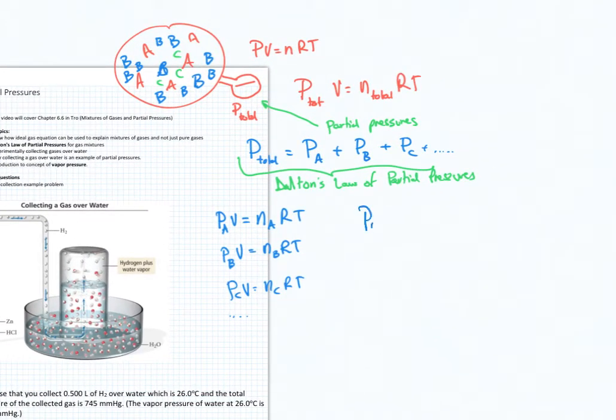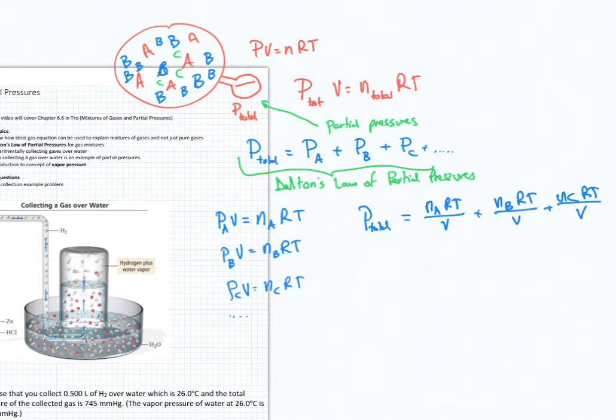So my P total equation is really equal to n_A RT over V plus n_B RT over V plus n_C RT over V.